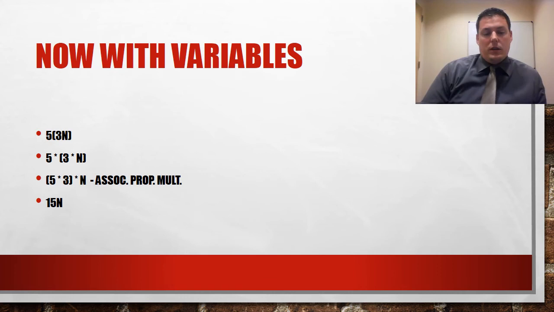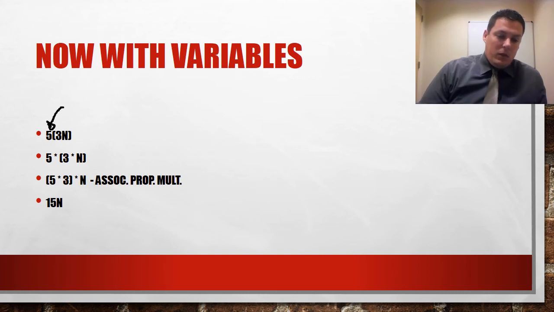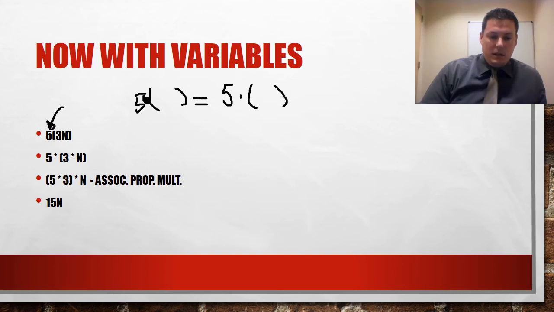Here are some examples with variables. Now remember, anytime we see no spacing, so if we have 5 times parentheses or something, multiplication is implied. This means 5 times what's in those parentheses. Or anytime we have a number and then a variable, multiplication is implied.